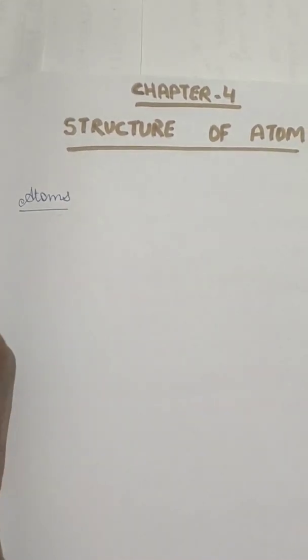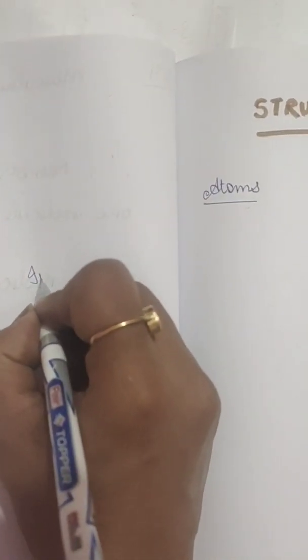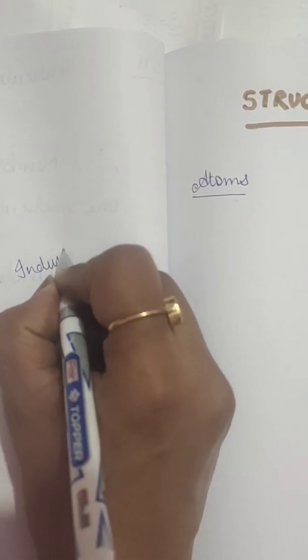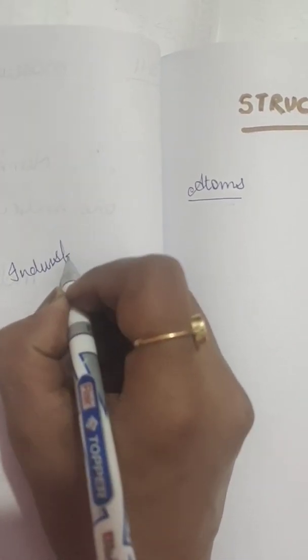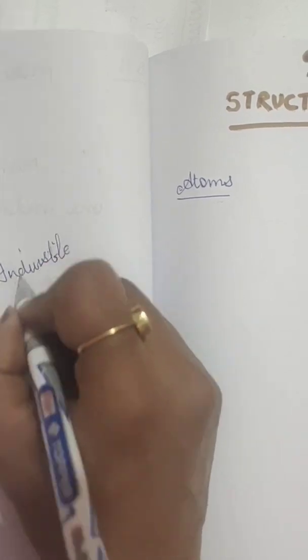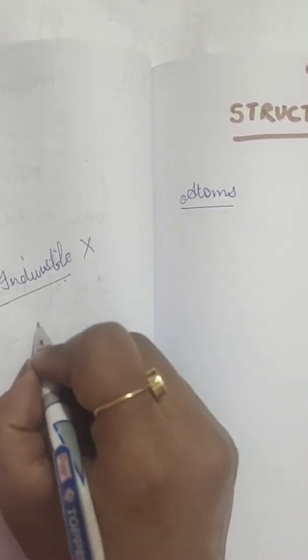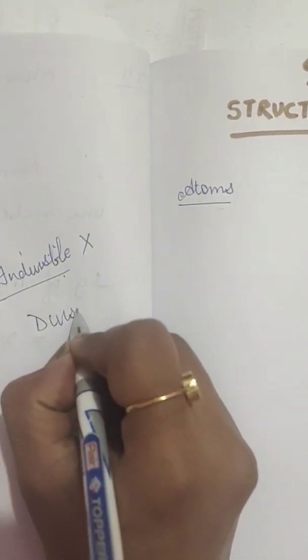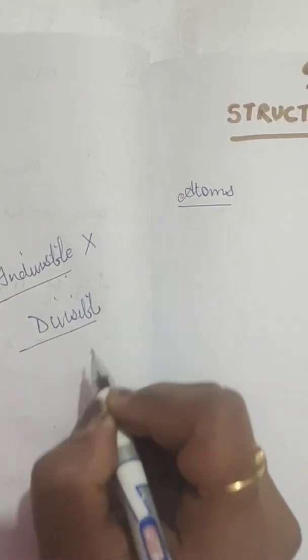But now what we'll be studying is that atoms are divisible. Before, we have read that atoms are indivisible, but now it is divisible. Divisible means that we can divide it further.